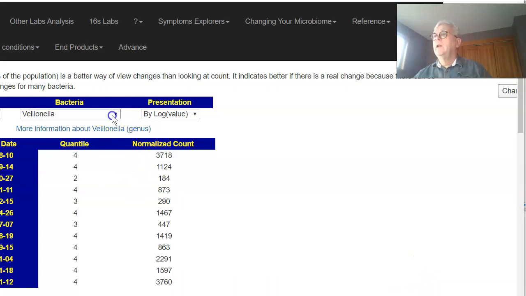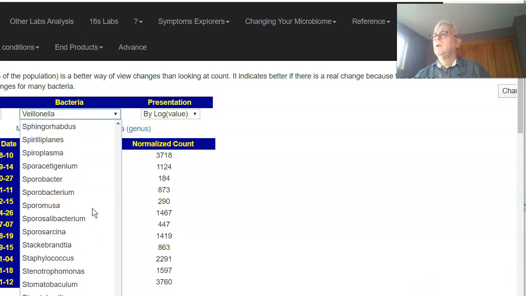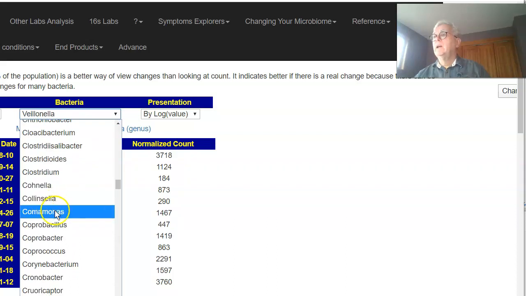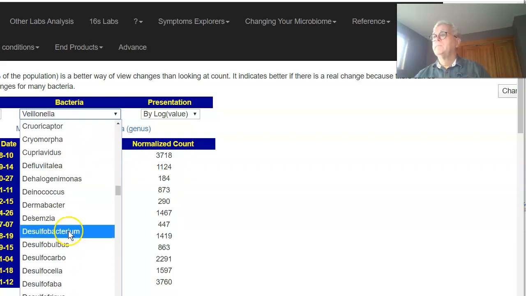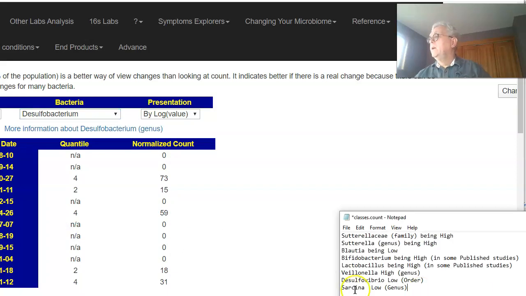The next one we could go down to is the sulfur bacteria. Just double check the spelling. Vibrio, not bacterium. Okay.